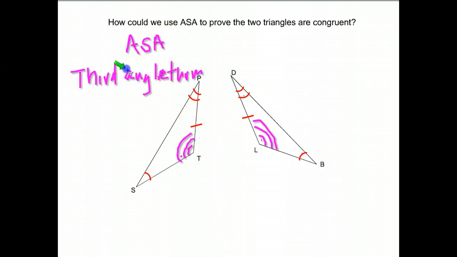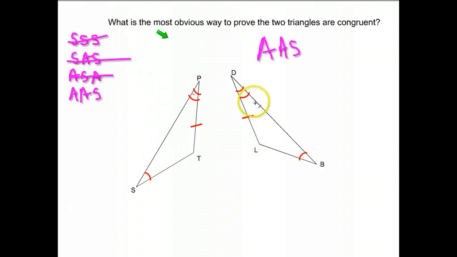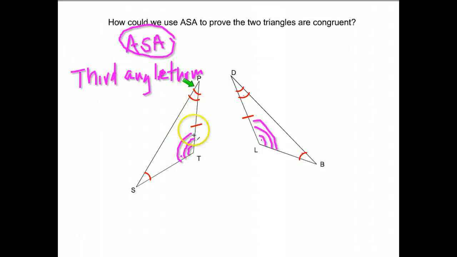So now, after using the third angle theorem, then you can use ASA. So notice with that picture, both worked. The most obvious one was AAS. However, ASA also works if we added the additional step of using the third angle theorem to prove that third pair of angles were congruent.